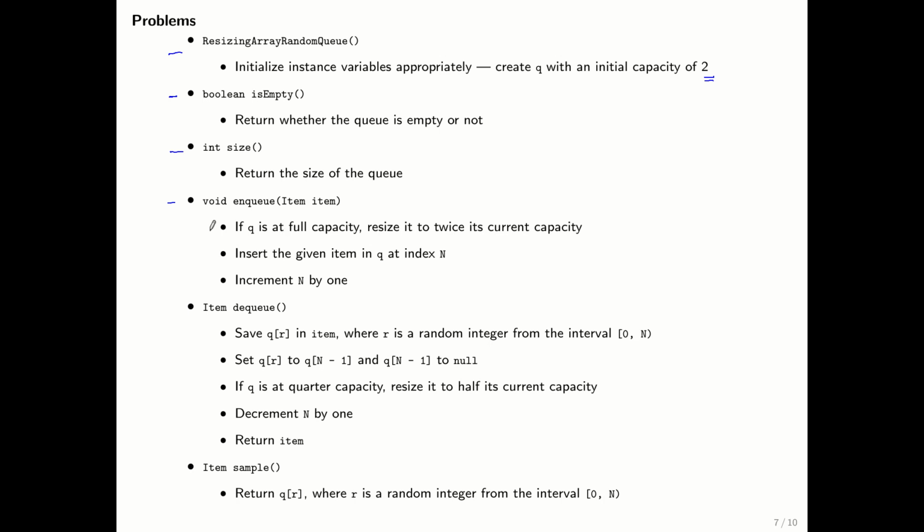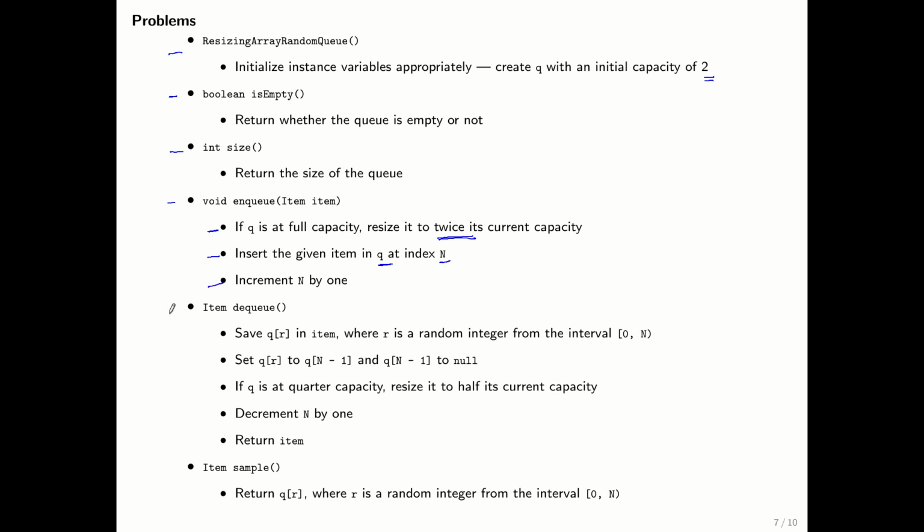So if the underlying array, if q is at full capacity, we need to resize it to twice its current capacity. All right. And then we need to insert the given item at the index n in the array q. So the given item goes at the index n. And then we increment n by 1. Right? So that's the enqueue operation.